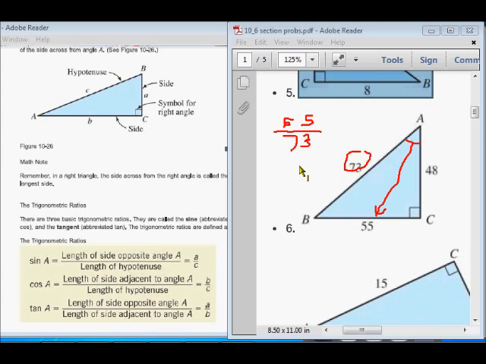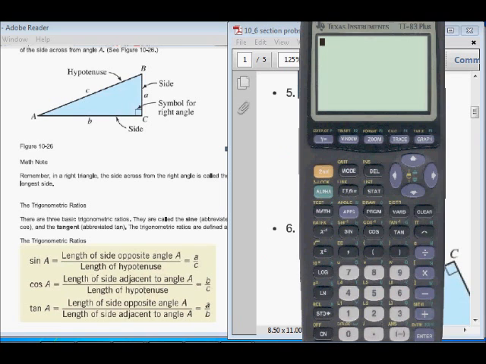And then usually you're asked to turn this into a decimal. So to turn this into a decimal, it's time to pull the calculator out. And remember, we have 55 over 73 here. So let's go over to here, and I will put in 55.